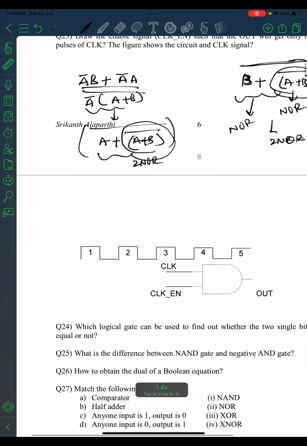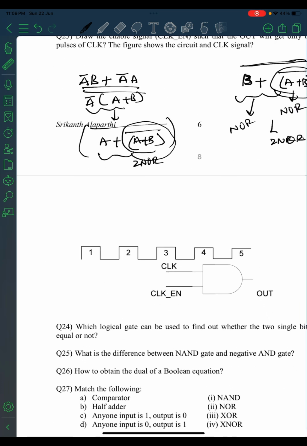So if you want to represent this, A, B, NOR, right?